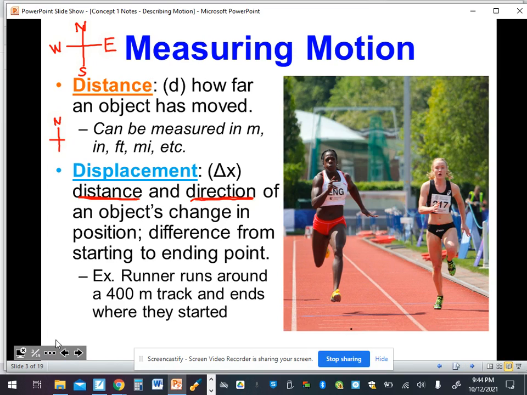It's kind of a tricky one. So write this down. You can put EX and then write this down. So again, you're writing this in the margin of your paper next to the word displacement or next to example number 1. So it says a runner runs around a 400-meter track. All right, so basically it's once around the track. Like our track outside is 400 meters. Most tracks are.